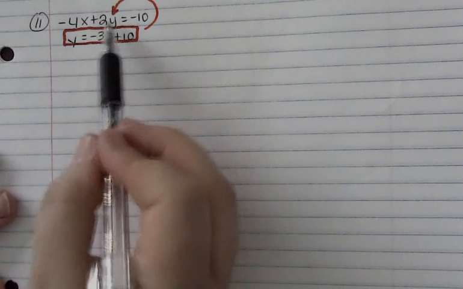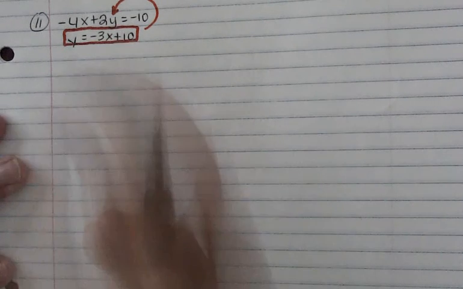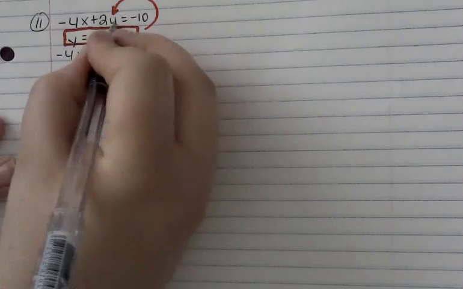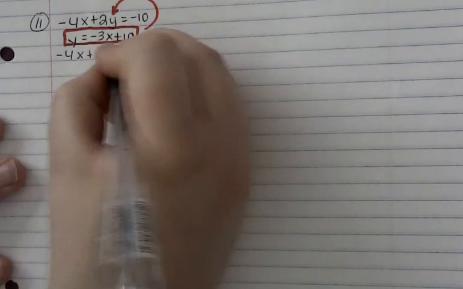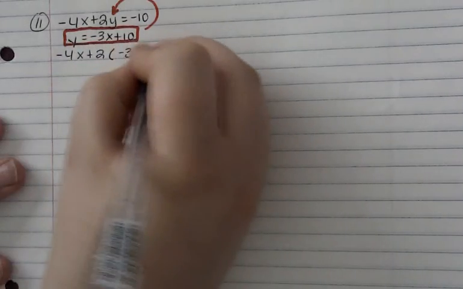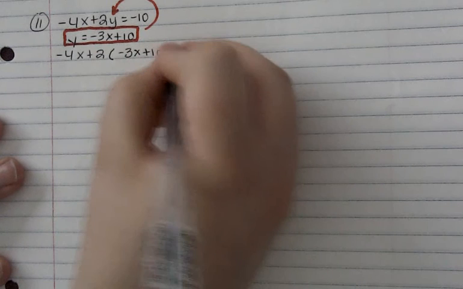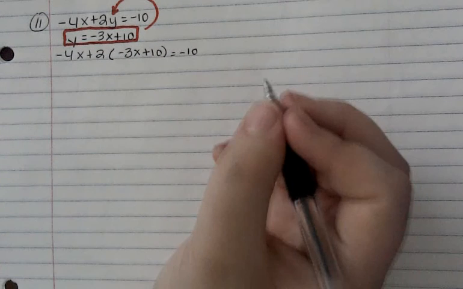So I'm going to plug negative 3x plus 10 in place of this y. So I have negative 4x plus 2. And instead of writing y, I'm going to write negative 3x plus 10. The parentheses do matter. I'm going to bring down that negative 10.